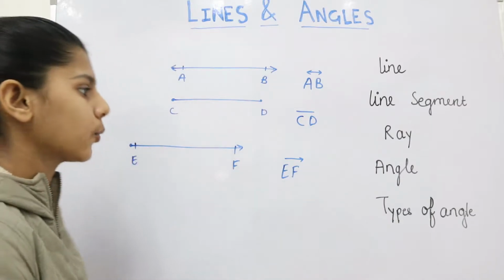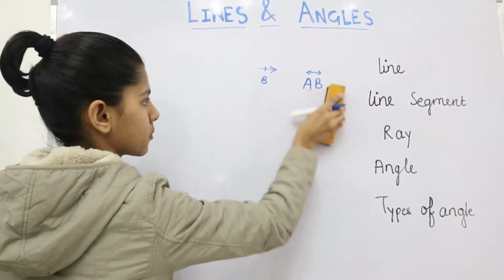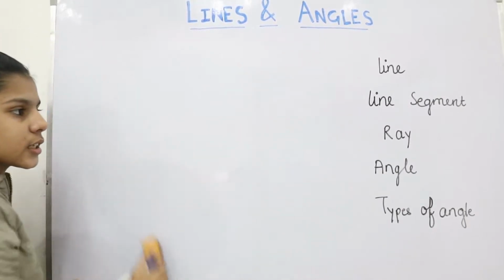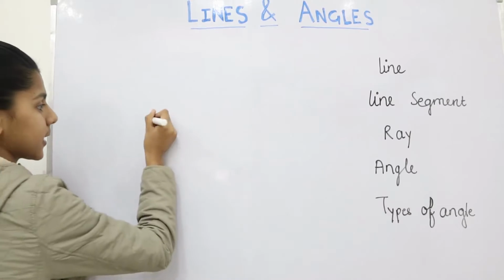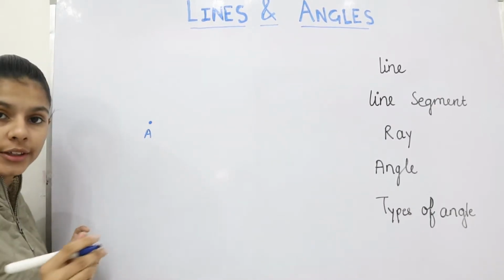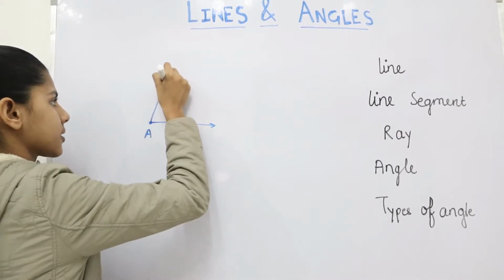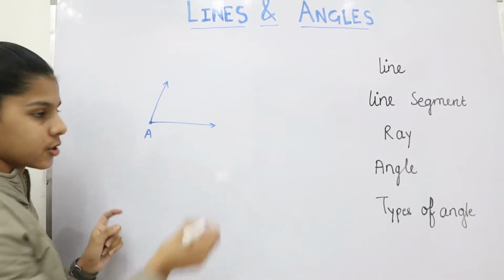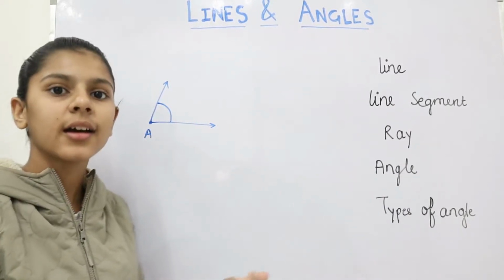Now let's discuss angle. So what is an angle? An angle is formed when two rays extend from a single point or a single vertex. If I have this single point, let's say this point is A, and from this point two rays are extending in different directions, the distance between these two rays will be the angle.